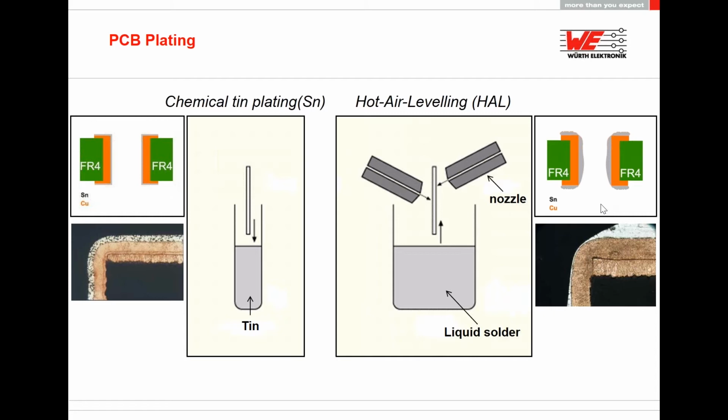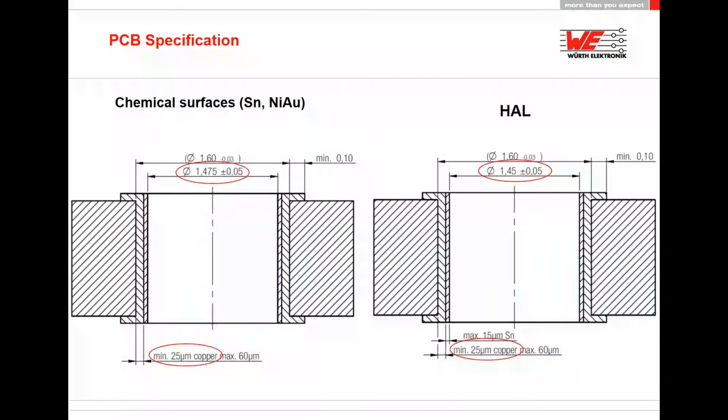So we need an additional process of cleaning, or we need to close the chips with paint or something else. So, and here you can see the PCB specifications that you can also find in our data sheets.